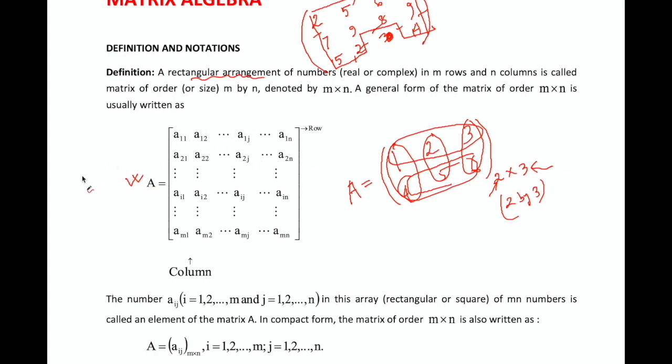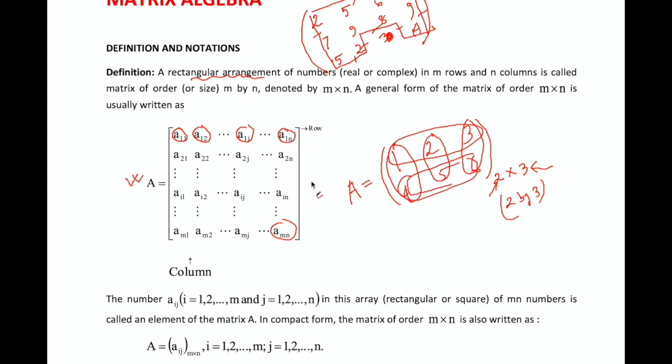And this is called the general form of a matrix having m rows and n columns. You see, this is the first row, and this entry, where is the position of this entry? First row, first column. And this entry, first row, second column, first row, jth column, and first row, nth column.